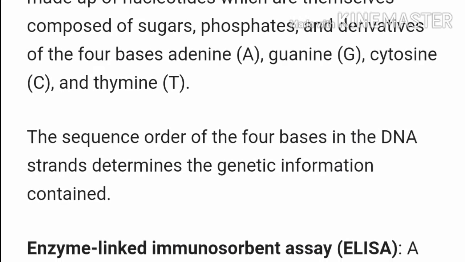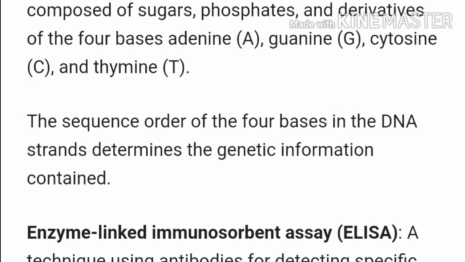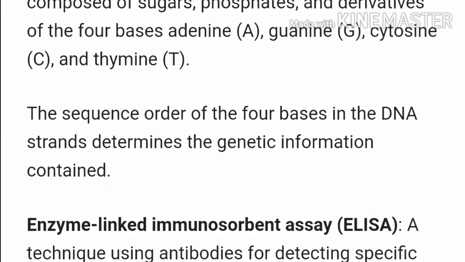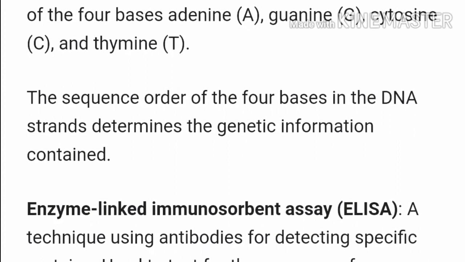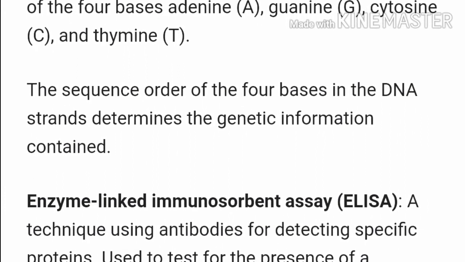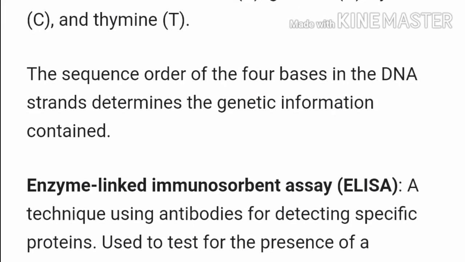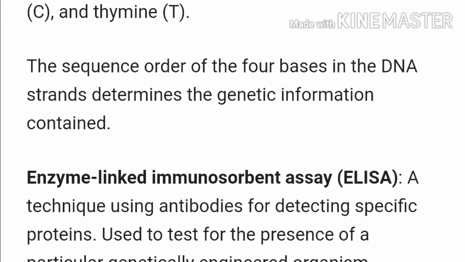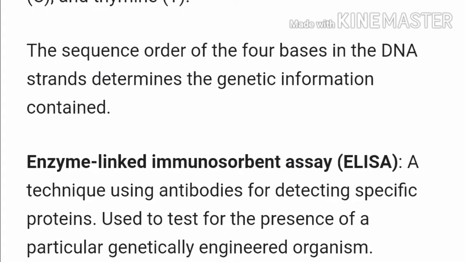Next point, the enzyme-linked immunosorbent assay or ELISA, a technique using antibodies for detecting specific proteins, used to test for the presence of particular genetically engineered organisms.